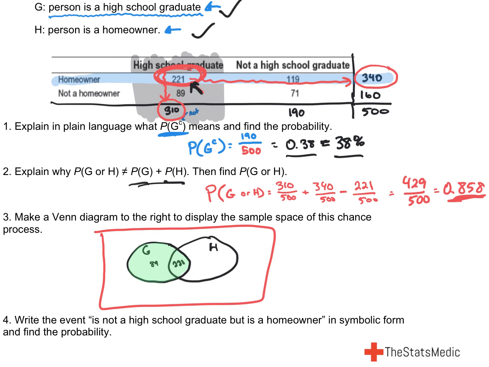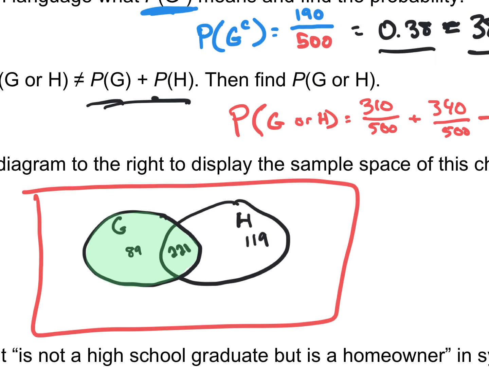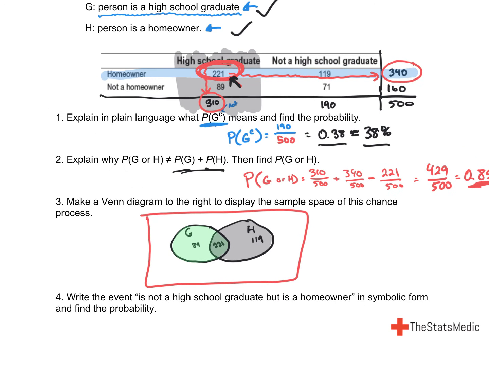So it's the 119 here. And why is that? Check it out. Because if you are a homeowner and high school graduate, then we need that to be the full 310, right? So that's what that looks like right there.